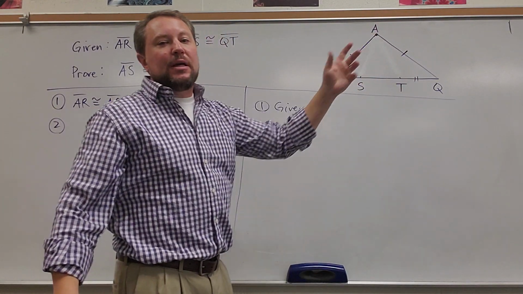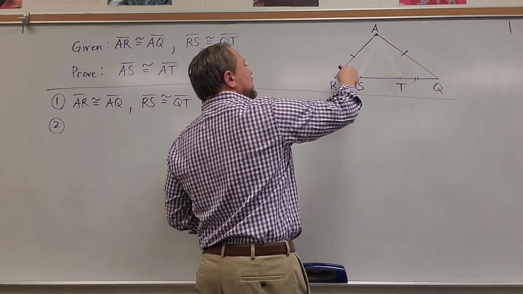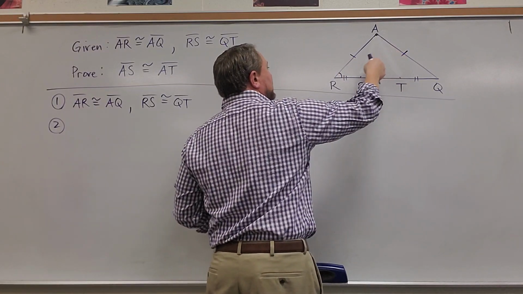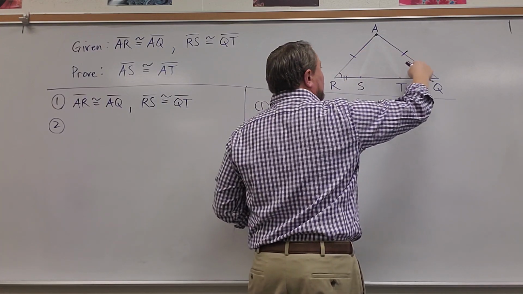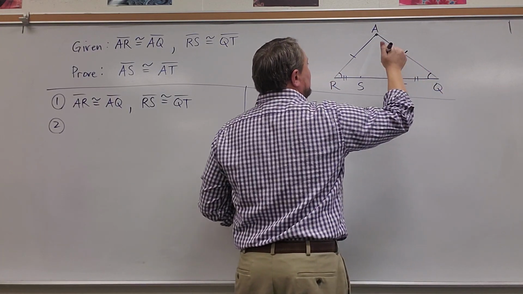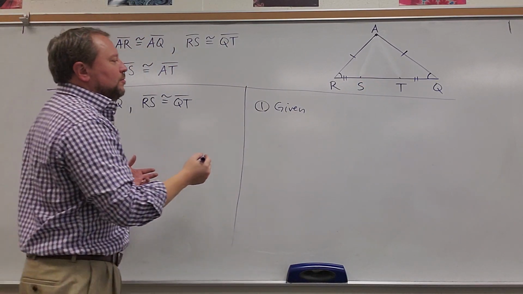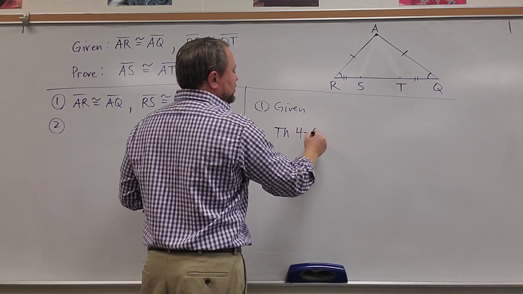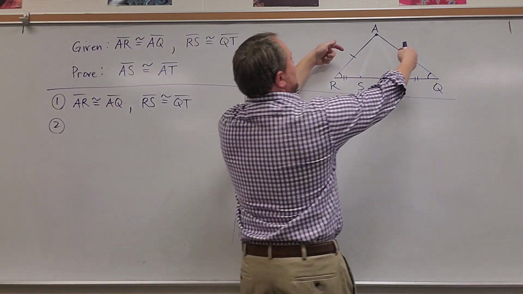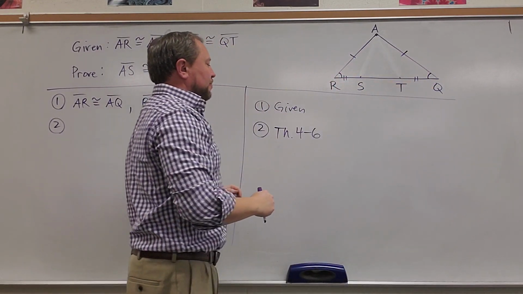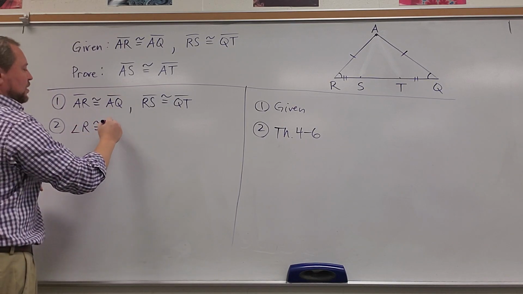Because of that, I can make use of one of our theorems where we can say now across from this side, clear down here, see how that's opposite of that side, would be an angle congruent to the other one clear down here, opposite of that side. Okay, so I'm using one of our new theorems today, theorem 4-6, which said that if the sides are congruent, so are the opposite angles. So I'm saying angle R is congruent to angle Q.